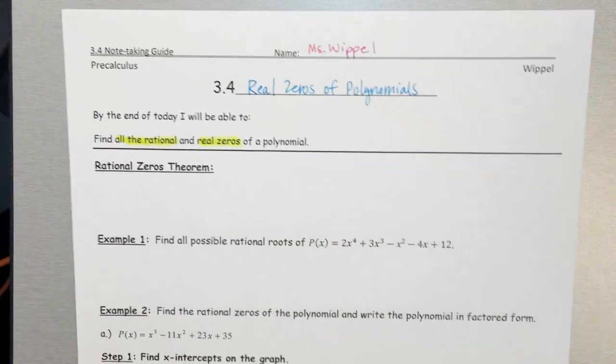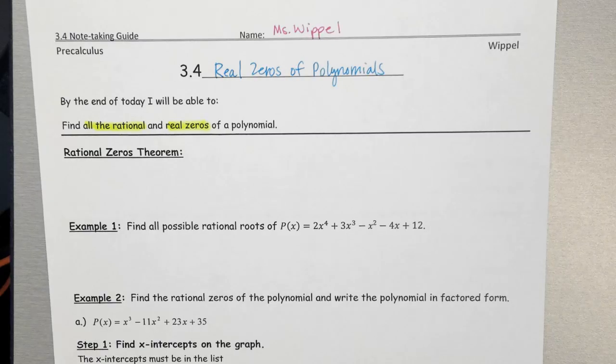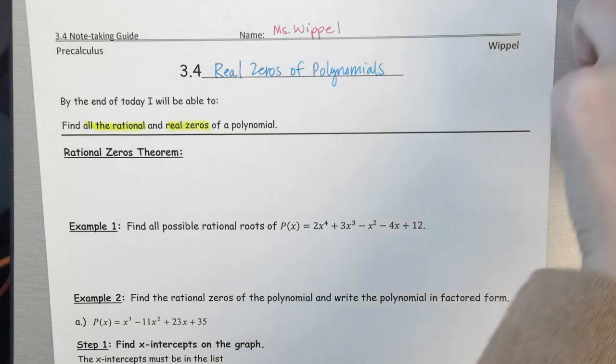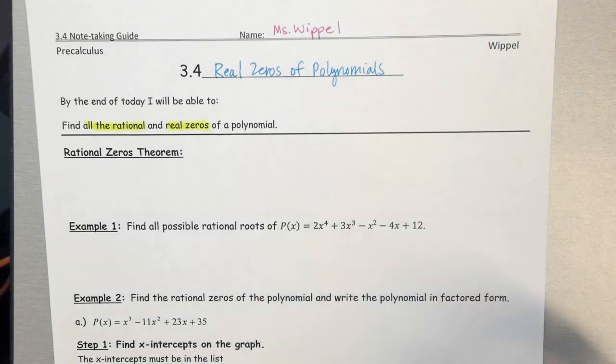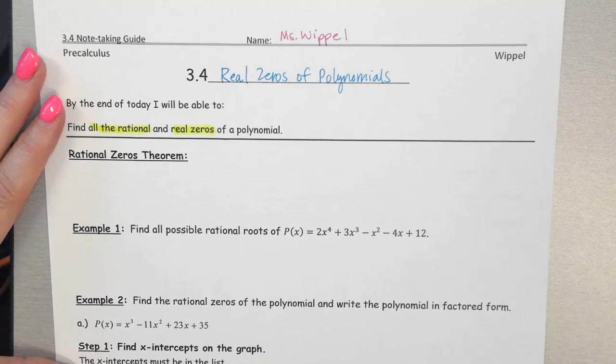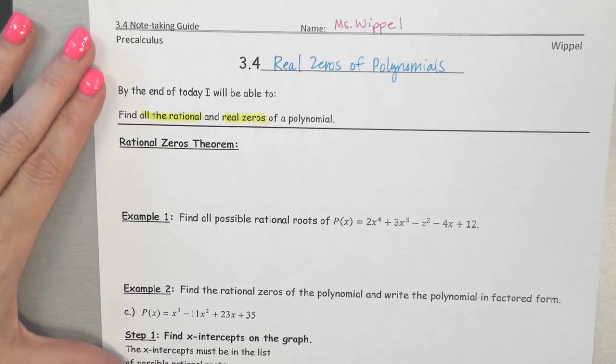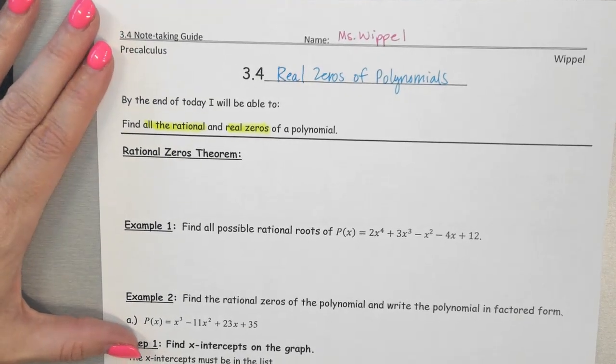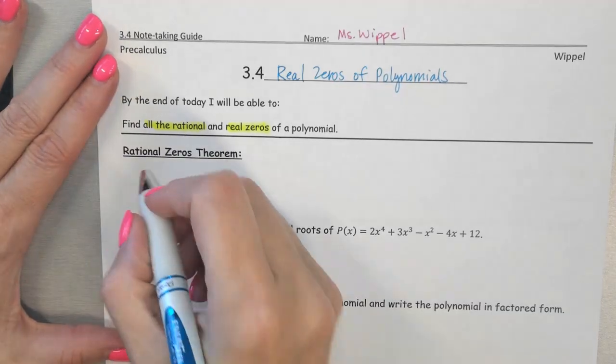Now there is a theorem called the rational zeros theorem, and this lets you know what all of the possible zeros are. It's important to know that these are the possible zeros and not the actual zeros, but they can be helpful if you have some that are not integers.